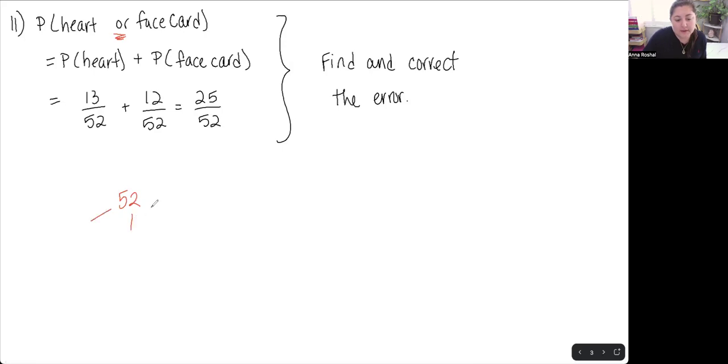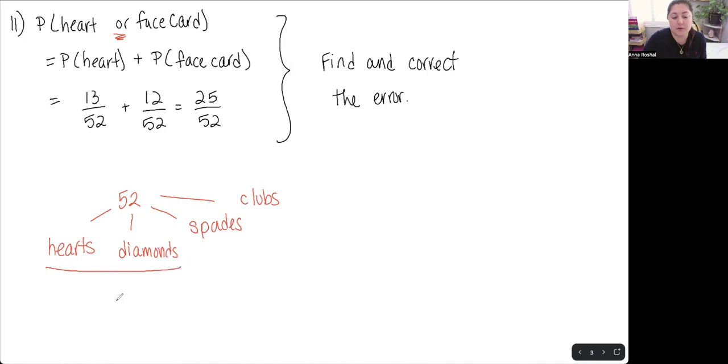So in this particular case, I know that there are 4 suits. The first suit is the hearts, then we have the diamond, then we have spades, and then we have clubs. These 2 are the red color, and these 2 are the black color.